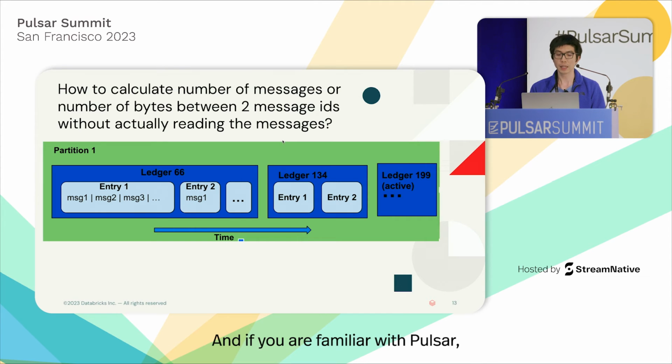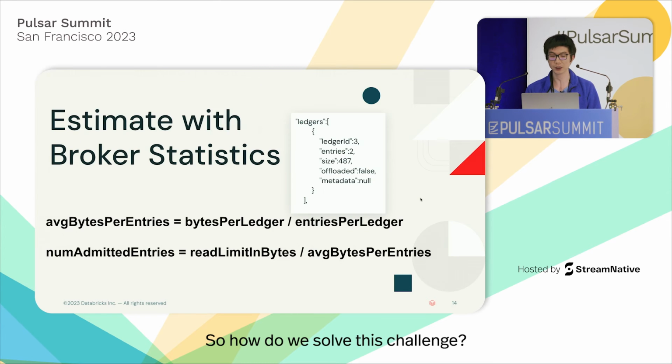If you are familiar with Pulsar, you will know that a message ID consists of the ledger ID, the entry ID, and the message ID is a 3-level index. And there's no convenient way to compute the amount of data between two IDs. So how do we solve this challenge?